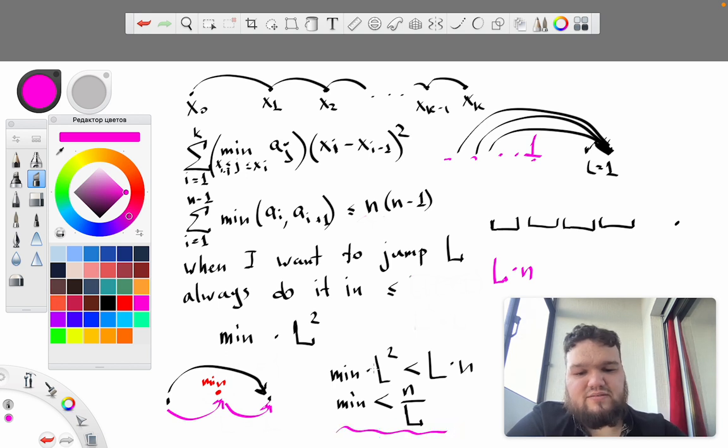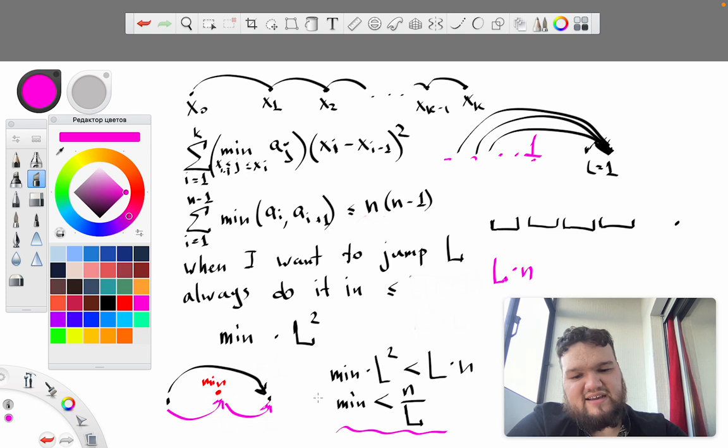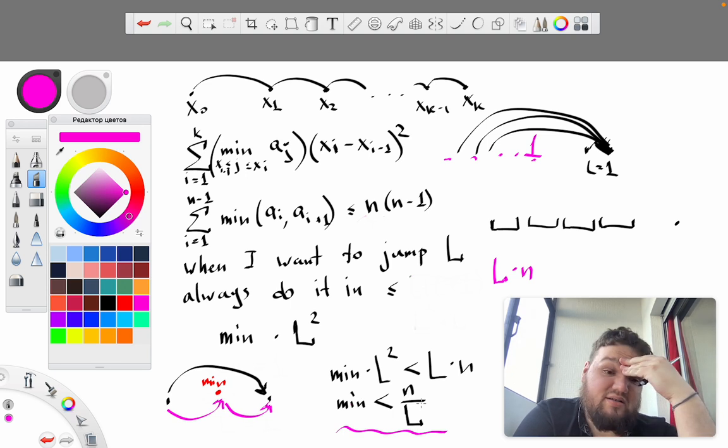Okay, so now using this, we know that one of the ends should be a strict minimum, and this should be true for a jump to be considered good. So this basically says that min multiplied by L is at most n, so one of them should be at most square root of n.